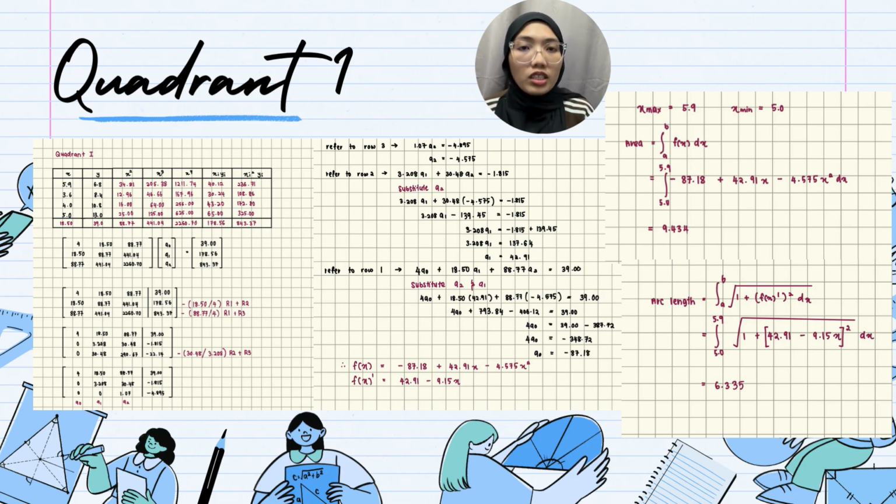The quadratic function I obtained is f(x) equals negative 87.18 plus 42.91x minus 4.575x squared. Using this function, I calculated the arc length as 6.335 centimeters using numerical integration.